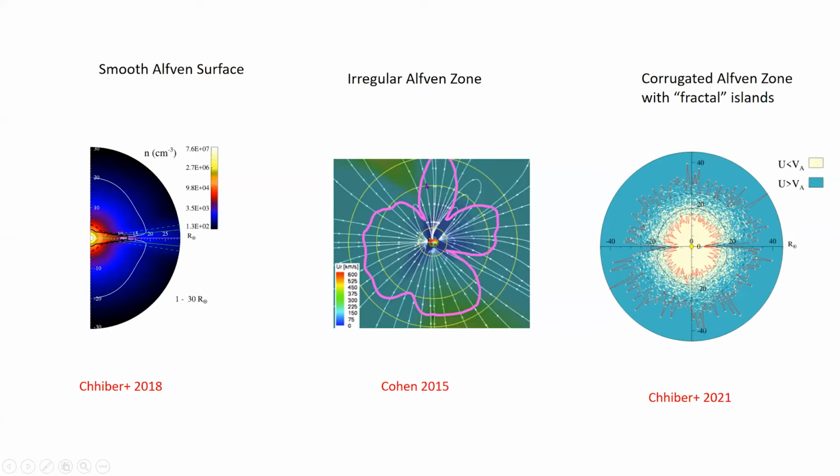Yes. Okay, yeah. And then moving to an irregular Alfvén zone caused by variations in the source surfaces. You see this in simulations using magnetograms in the global simulations, and this is from a Cohen paper.